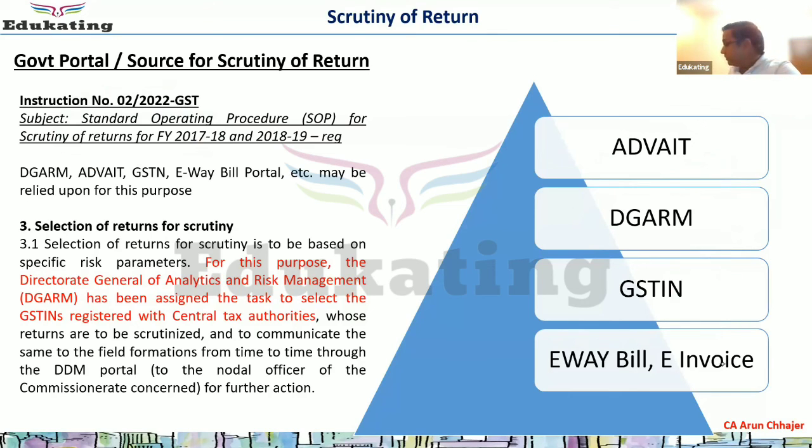So now you can visualize that the checking on any GST number would not only be manual checking by the proper officer; some checking is also done by other departments like DGARM. Some observations or reports are identified by ADVAIT and communicated to the proper officer through the commissionerate.